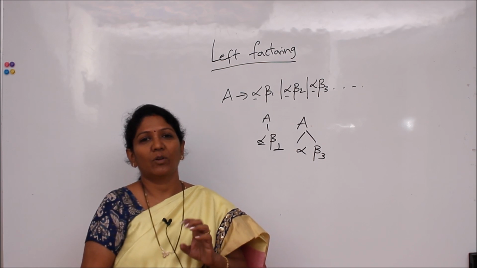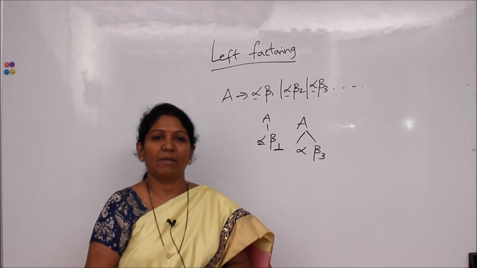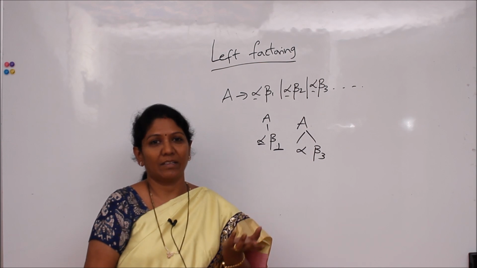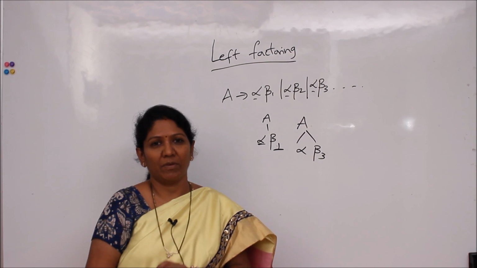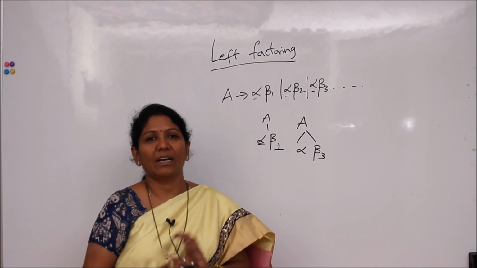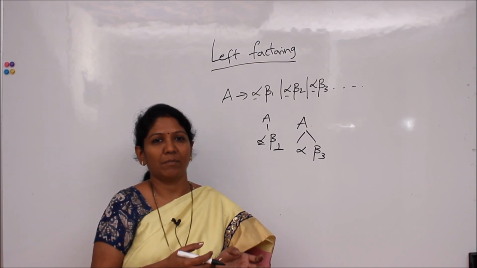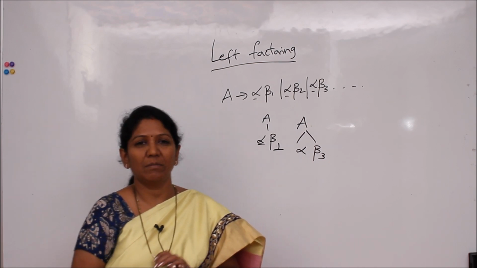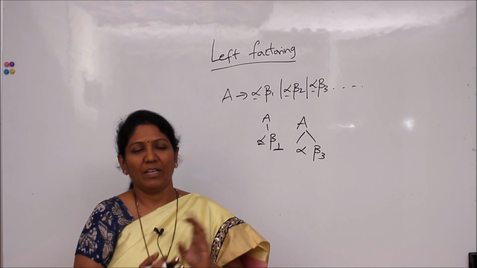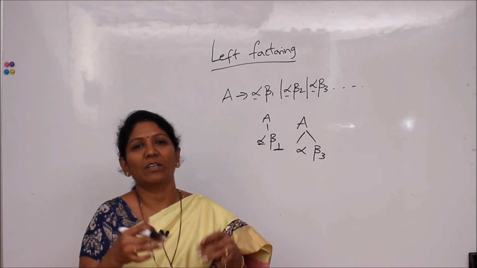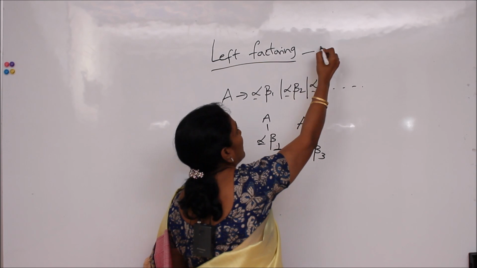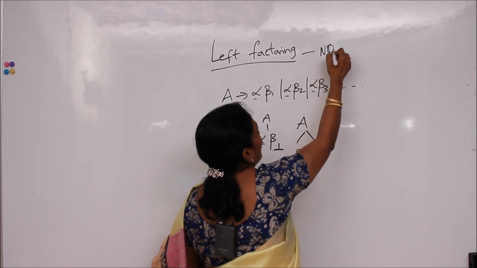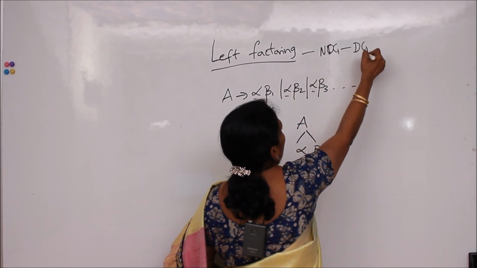So if you really want to avoid backtracking, the best solution is to left factor the grammar. Left factoring is nothing but taking out that common prefix. This is even called converting a non-deterministic grammar to a deterministic grammar. Non-determinism means so many choices. Instead of having so many choices, you convert into deterministic. So left factoring helps in converting non-deterministic grammar to deterministic grammar.